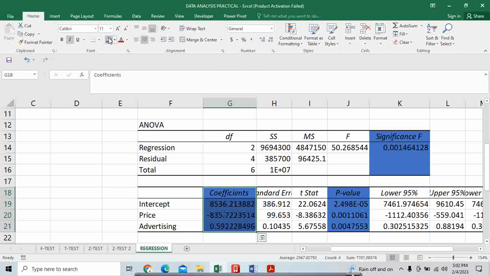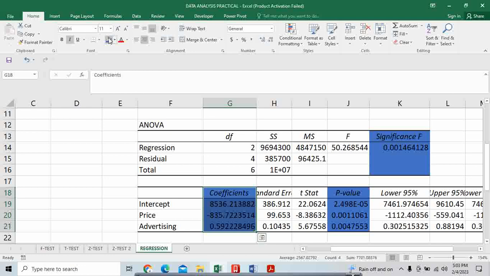So for the coefficients in the regression line, we can give the formula as quantity sold equals price plus advertising. So the regression line, or the coefficients, is y equals minus x1 plus x2, which is the price plus advertising.